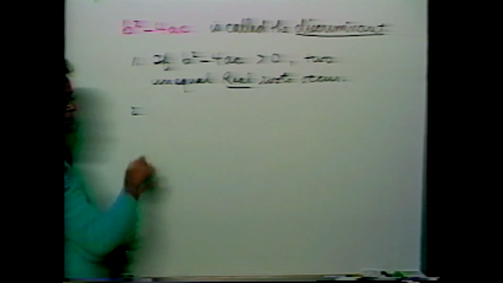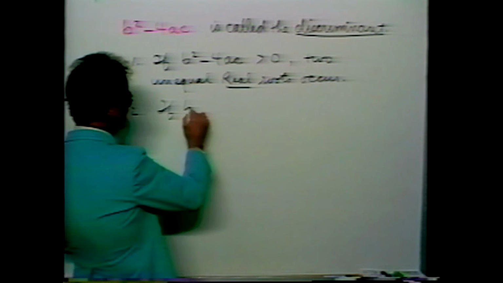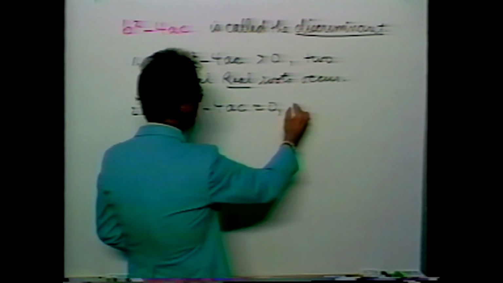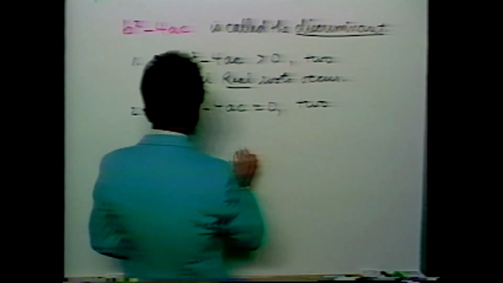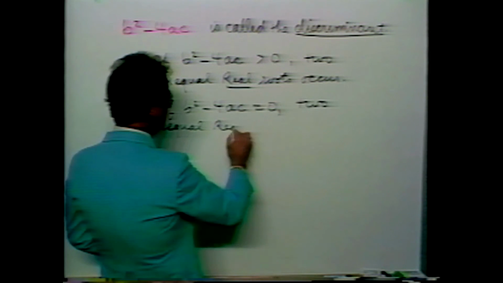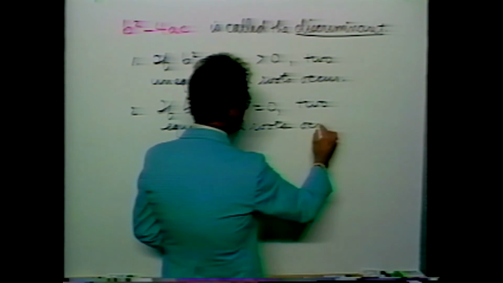Two, if b squared minus 4ac equals 0, two equal real roots occur.